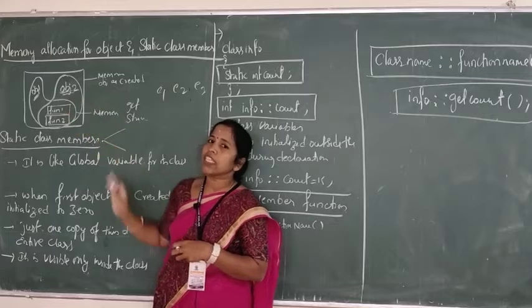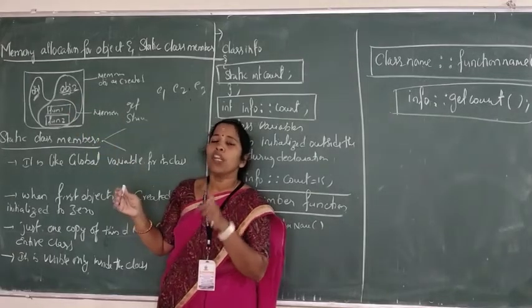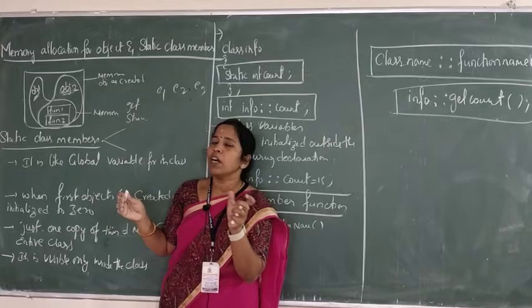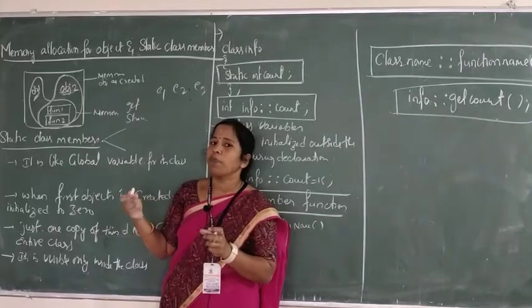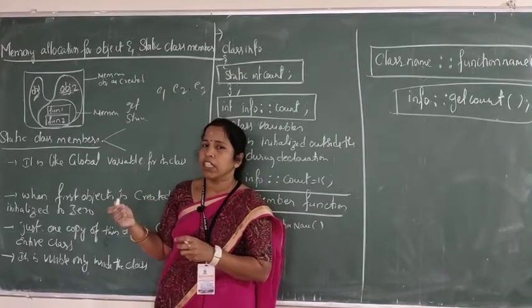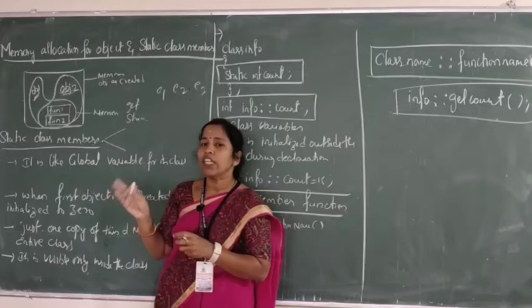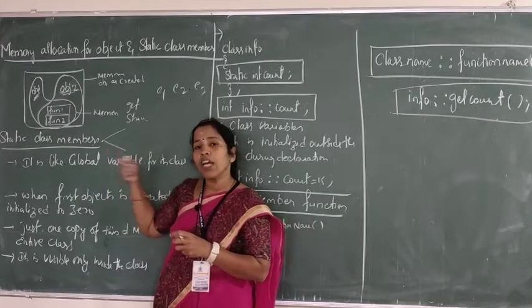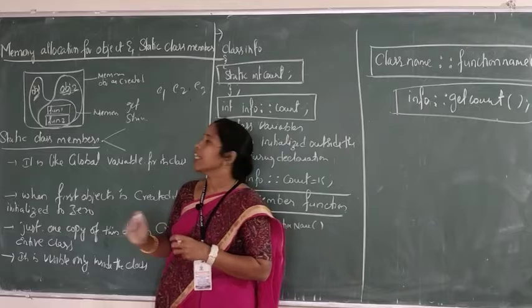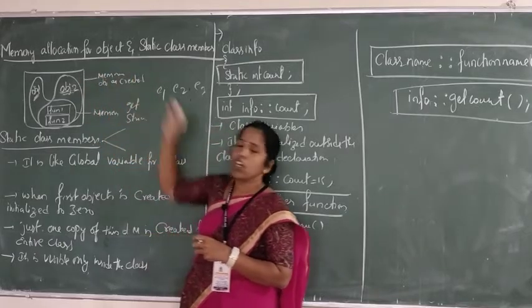Both the objects are accessing the same member function. So only once the memory is allocated for the member function. For the objects, that is the data members, the memory will be allocated separately as soon as a new object is created. That is memory allocation for the object.